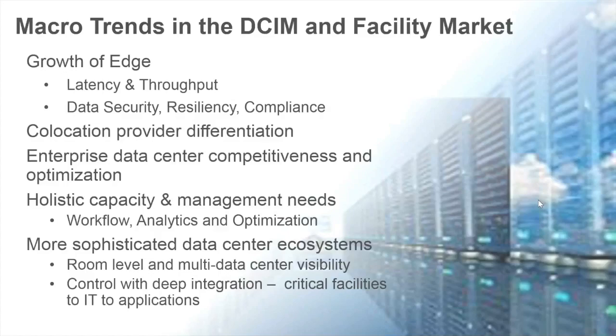Next, we'll touch on this more later, but enterprise data centers now have what's called optionality. It is very easy to consider options from a variety of players, whether it's colo, software as a service, or consolidation. And these enterprise data centers need to be ever more efficient. They need to be competitive with the options in the marketplace.